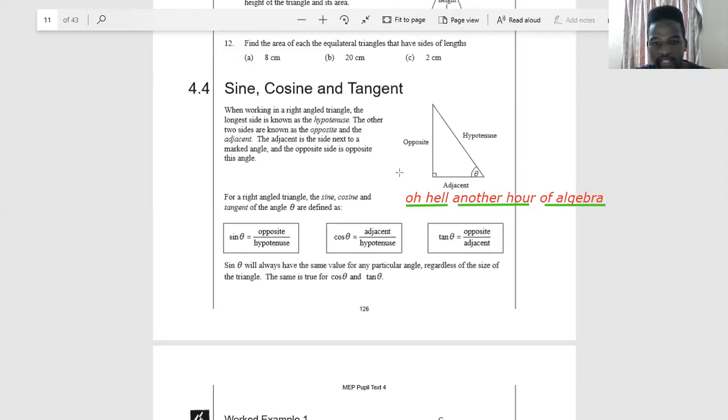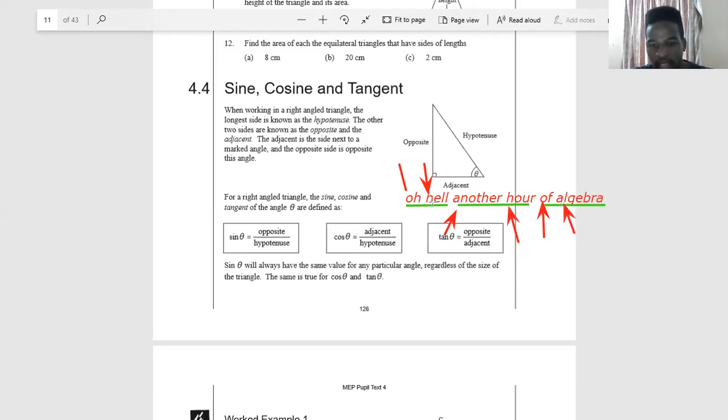You take the first letter of each word: that O, that H, that A, that H, that O, that A. The sentence is just for you to remember.